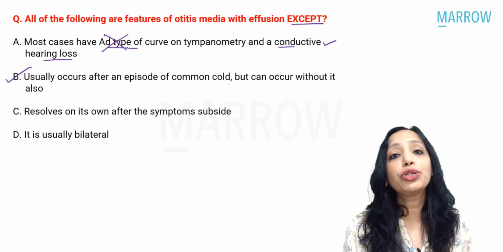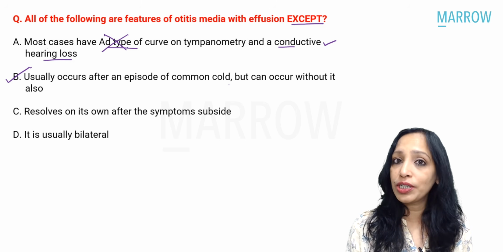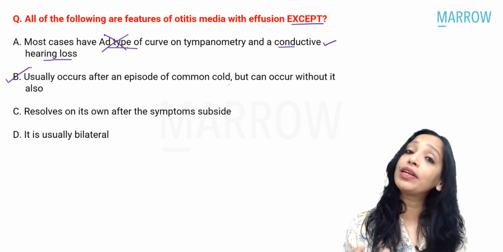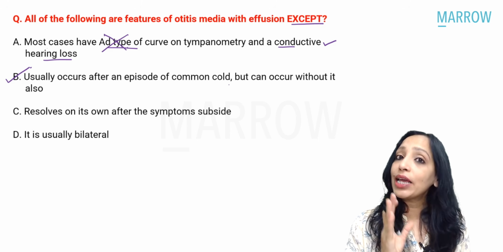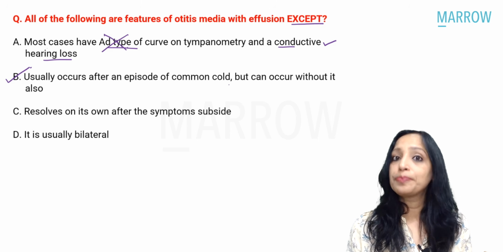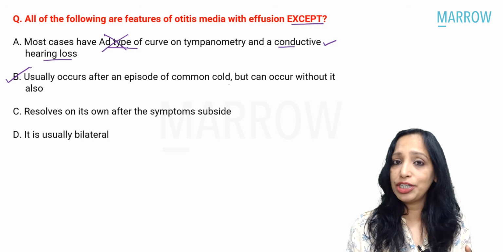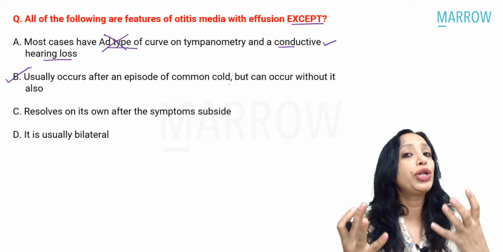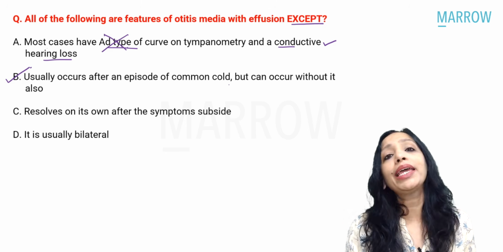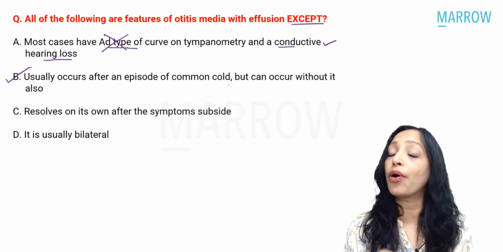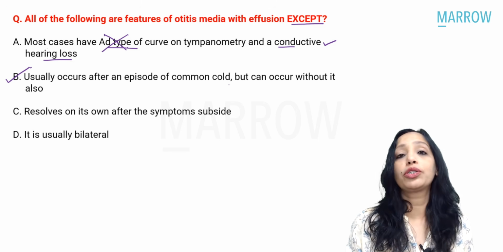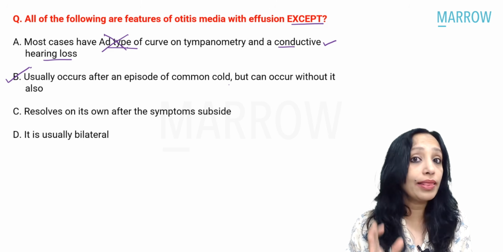All we can ask the patient to do is autoinflation, that is by Valsalva or by politzerization. If it does not benefit by this, and if the cause is a hypertrophic adenoid, as occurs in allergic conditions, then in that case, we aim by medical management to reduce the size of the adenoid by giving the patient nasal steroid sprays, right?